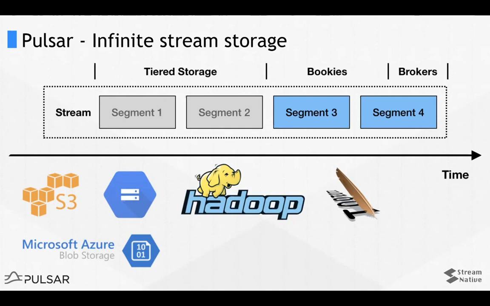But from the user's perspective, you still see this as a whole unified stream. You don't need to worry about where we store the segments, whether in Bookkeeper or in S3. This provides a unified view of your data, and that is the third point of the unification.